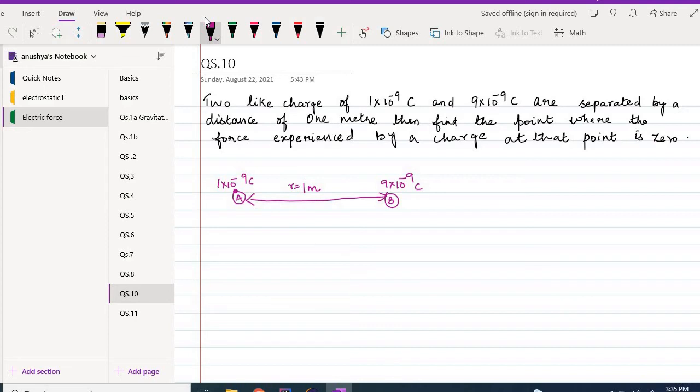Now we have to find a point where the force experienced by a charge at that point is 0.